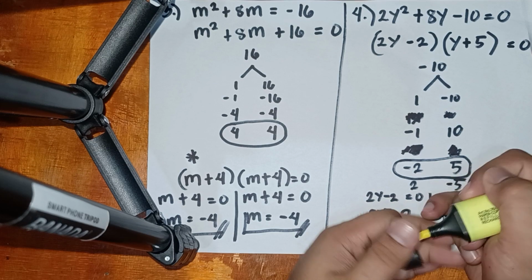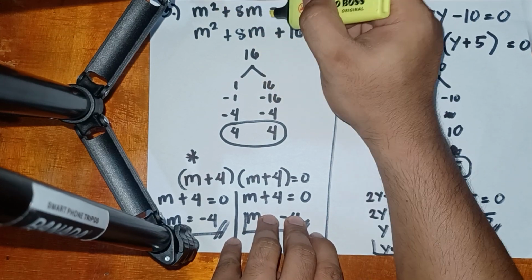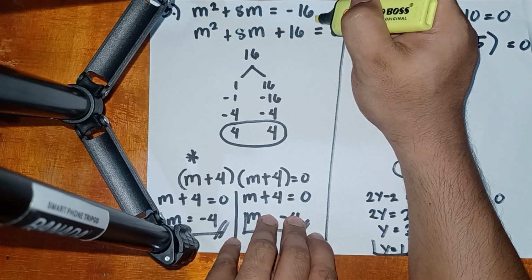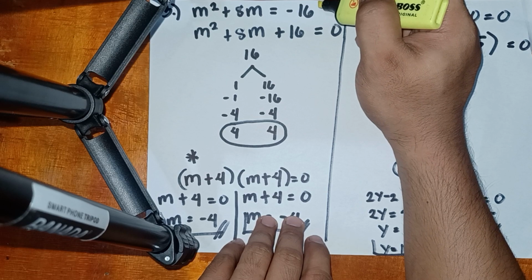Alright, for number 3, the equation is m squared plus 8m is equal to negative 16. It is not in the standard form of the quadratic equation.